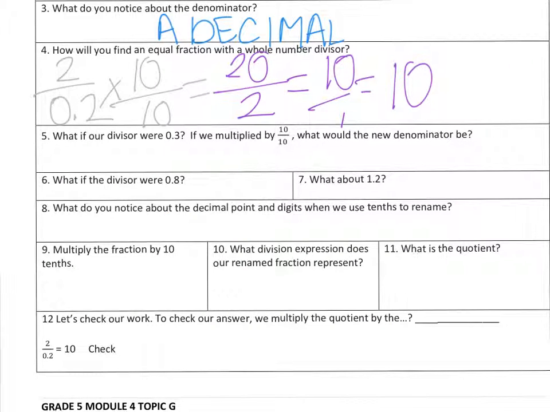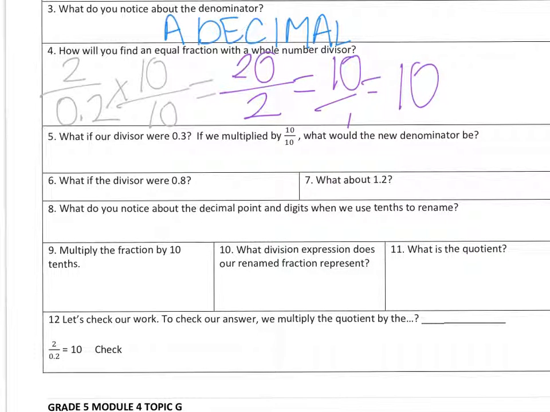Now what if that divisor was 3/10? If we multiplied by 10/10, what would the new denominator be? Well, 3/10 times 10 would be 3, so the new denominator would be thirds. What if the divisor were 8/10? Well, then our denominator would be 8. Or if it was 1 2/10 and we multiplied by 10/10, then it would be 12. So what are you noticing about the decimal point and the digits that we're using to rename?